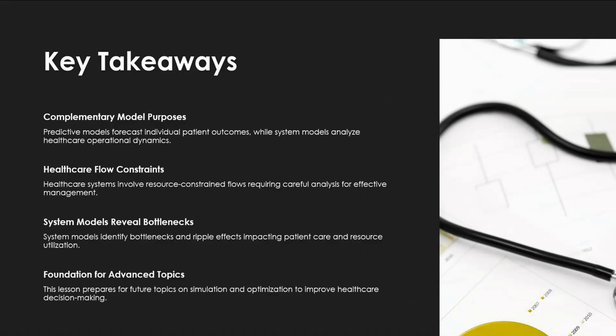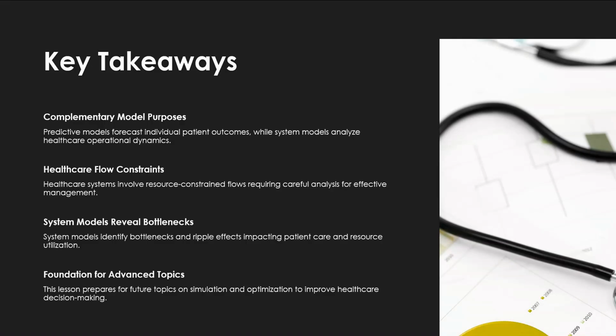Some final key takeaways before we move on to the next thing, simulation and optimization, are that there can be these complementary model purposes where predictive models absolutely have their place, but system models have a different purpose for analyzing operational dynamics within a system.